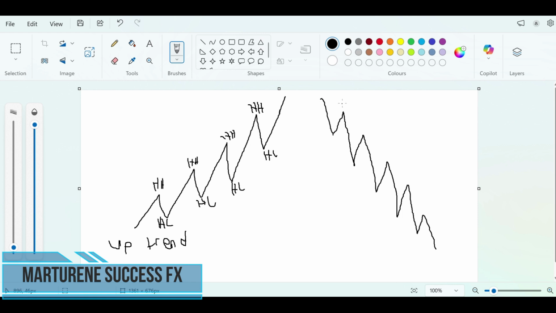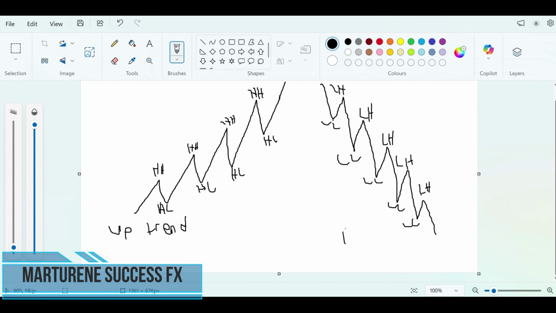So this one, we have the lower high, this lower high, and this is a lower low, lower high, lower low, lower high, lower low, lower high, lower low. Okay, so this one is a downtrend.